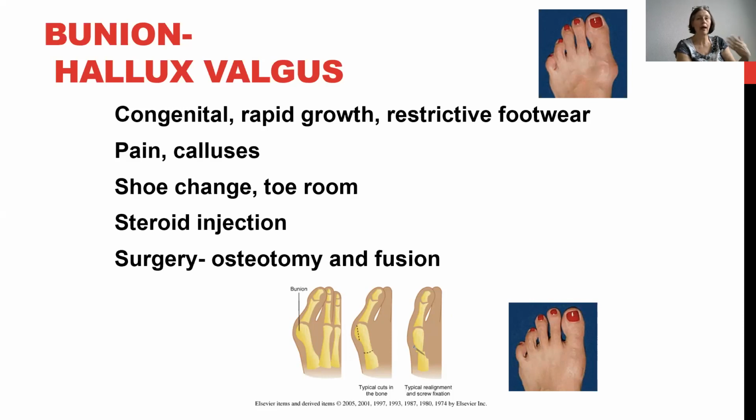Some people have from birth the congenital predisposition to a bunion. You can see in the pictures on the bottom part of the screen how there's overgrowth of the bone right there where the big toe meets the foot. Again, pointy toe shoes that always keep your toes pointed inward like this are more likely to cause a bunion.